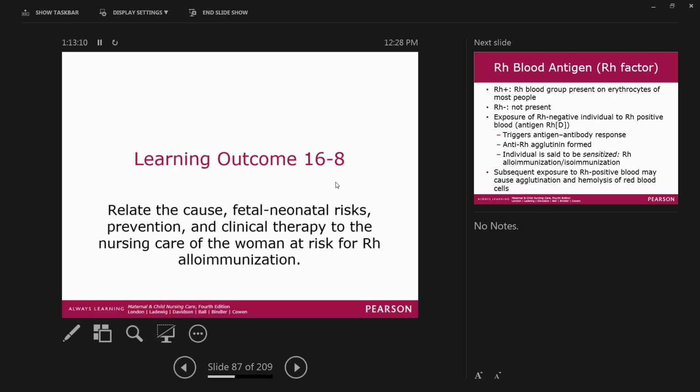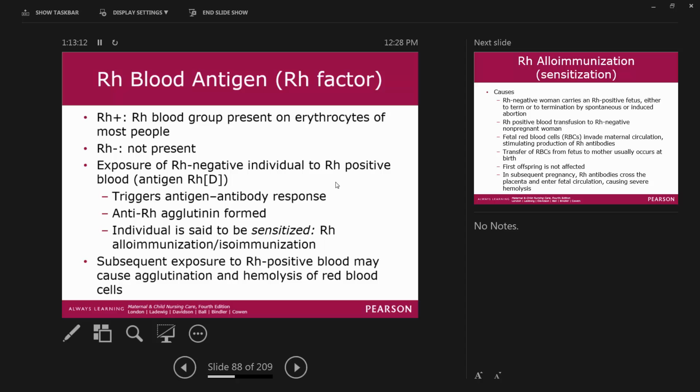Okay. So here we're going to talk about the RH stuff. RH is a blood group. Women are either RH positive or they're RH negative. And if a woman who has RH negative blood is exposed to RH positive in any way, shape, or form, then that triggers an antibody response.